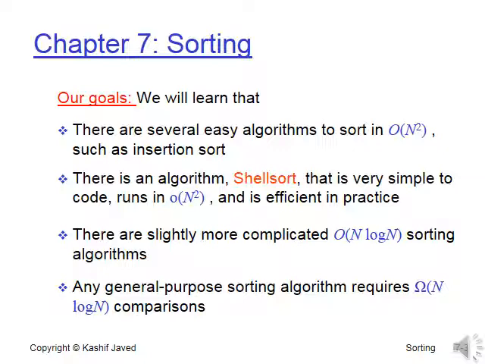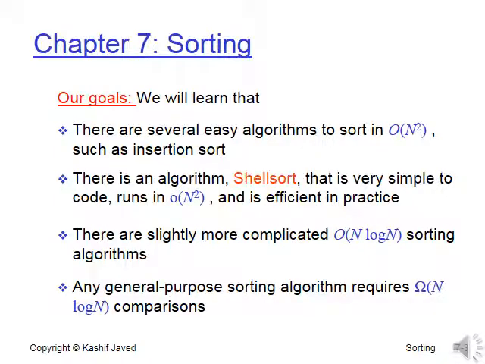Please note that any sorting algorithm's efficiency increases if the array is partially sorted, since it will reduce the total number of steps required to sort the array. There is an algorithm, Shellsort, that is very simple to code as well as runs in time complexity of little o of n square and is memory efficient.